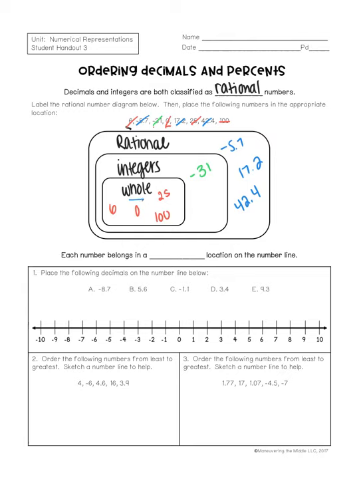Whole numbers are rational numbers. Integers are rational numbers. The reason we only have these 4 in the rational number category is because those 4 are only rational numbers. They're not integers. They're not whole numbers. 6, 0, 125 are whole numbers, but they're also integers and rational numbers, right?